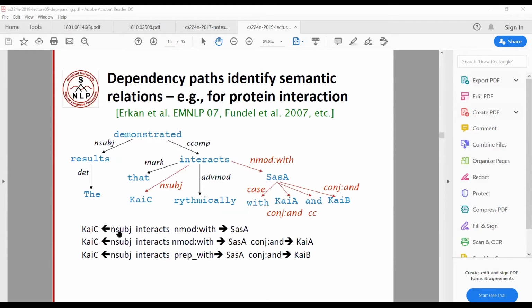Noun subject, I guess that's what N subject means. And N mod means a noun modifier. I have to say this is not that clear, but you can sort of see what he's doing.